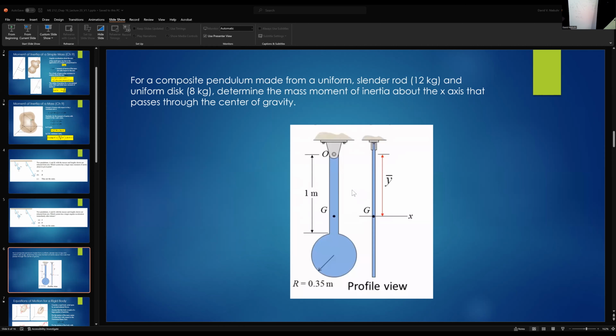You will take a composite body and break it up into two, three, or four components, just like you did in statics, where you'd have a box with a quarter circle or maybe a circle. You may recall the final last quarter had a shape like a P, and you had to find the moment of inertia for that. But for this, we're going to use just this disc and this rod.